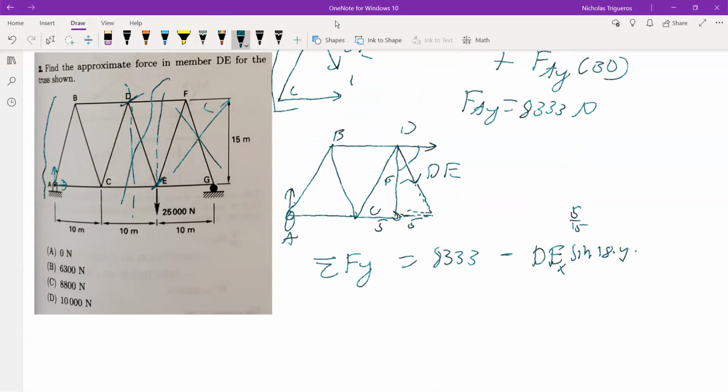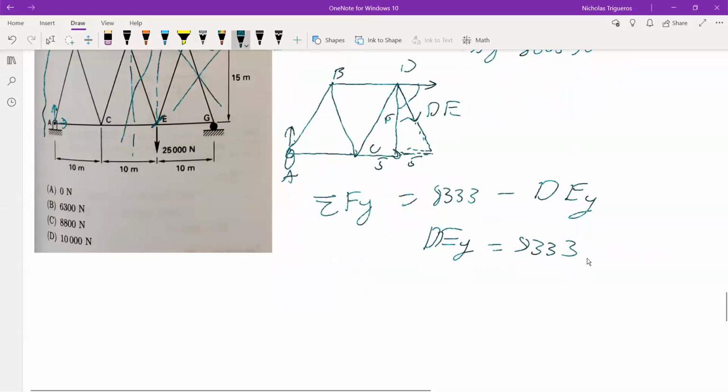Okay, looking at the solution, the way that it's done is they have just this for the y direction. There's no factor in with it. Okay. But then you should be able to get the full force from there if you have the Y. And then with this, you go to the sum of forces in the x.